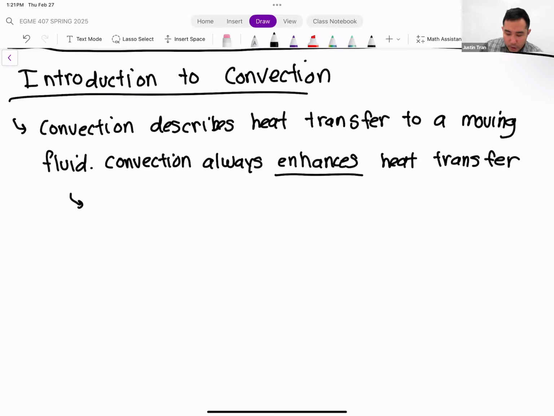Okay. So convection, there's a camp of people who think that convection doesn't actually exist. Convection is just fake news. But let's describe why.